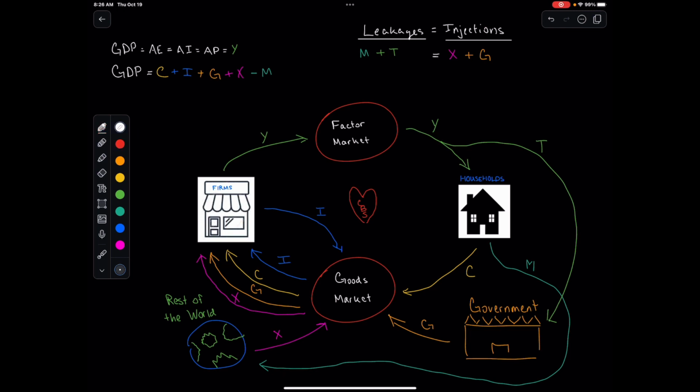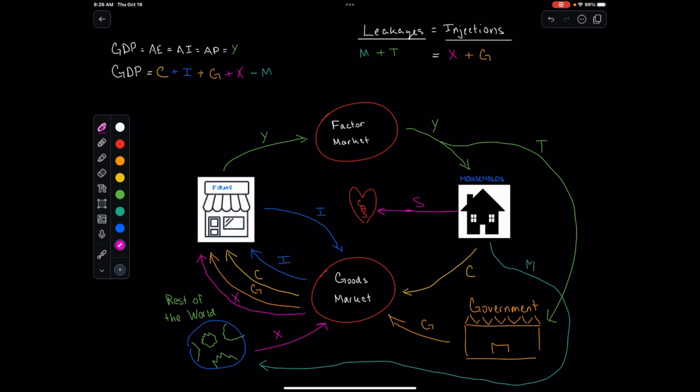That's an option. And that's going to increase the savings, or S, because while it might be good for a household, it takes money out of this cycle. So therefore it's going to be a leakage.